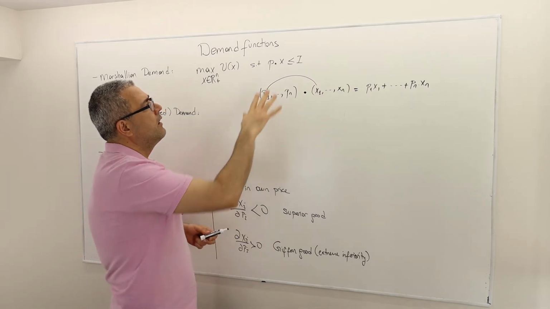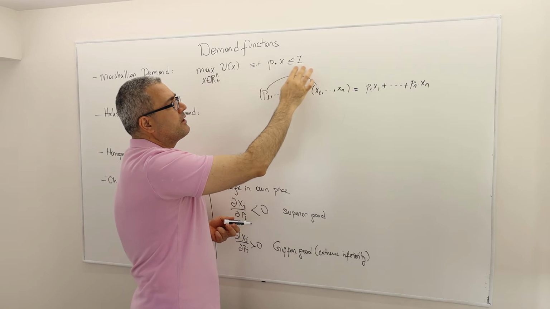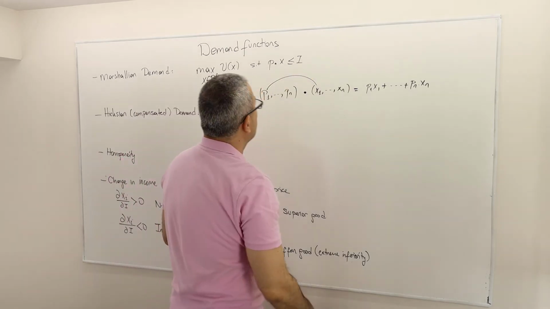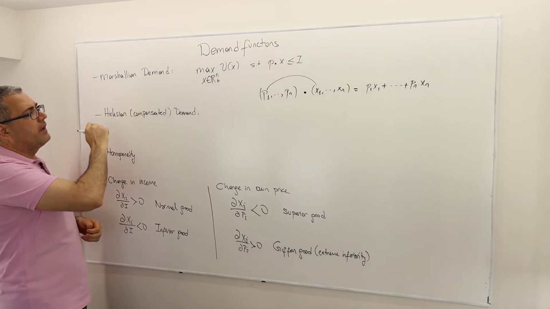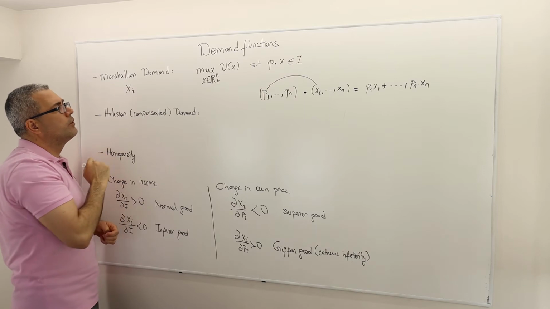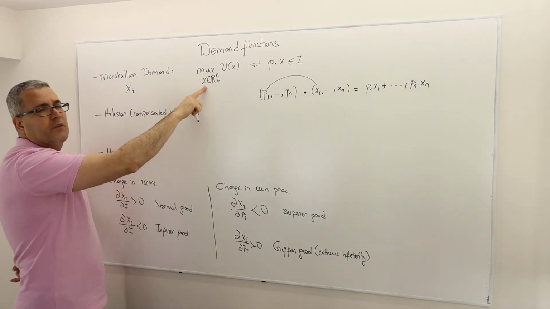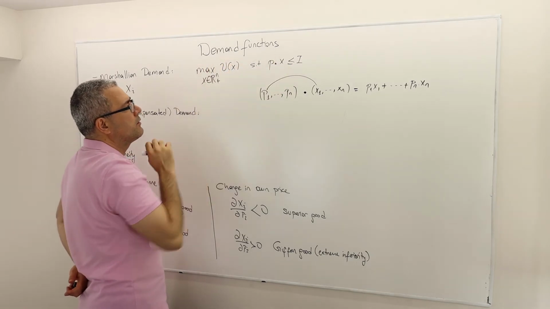So this is therefore the standard budget. The expenditure is less than or equal to income. Okay, so a Marshallian demand curve of good i is basically one of the components of the vector which solves this maximization problem.